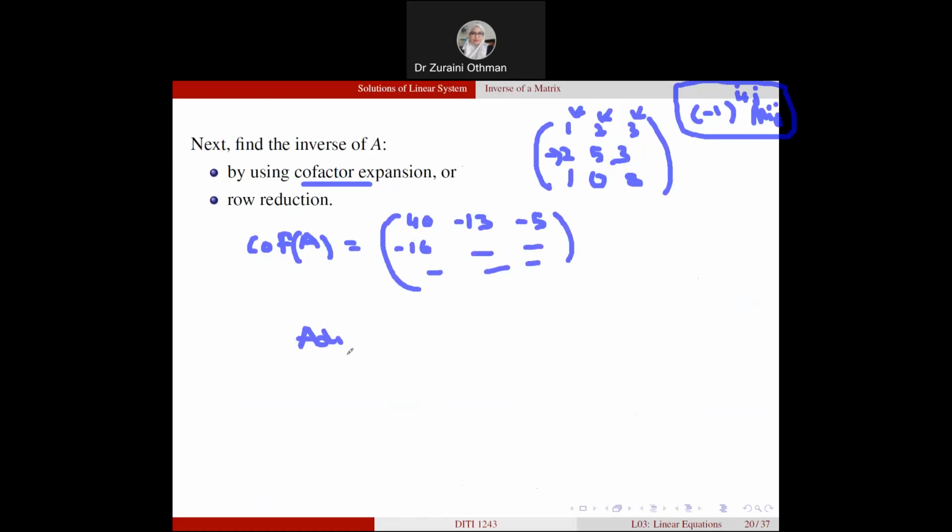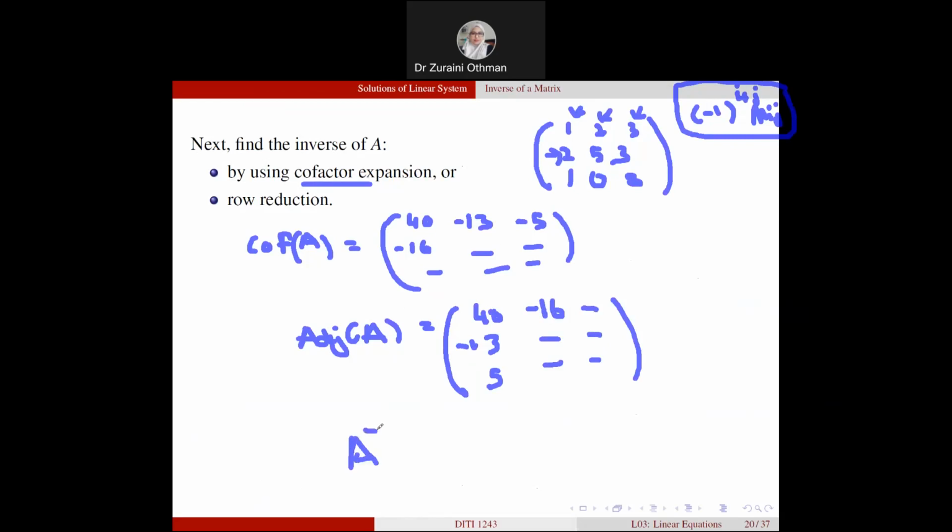What is adjoint? Adjoint A. Okay. Transpose this cofactor. So, 40, 13, 5. Okay. Then dapat, ini ialah -16. This value. After you calculate adjoint, you may get the inverse by using what?